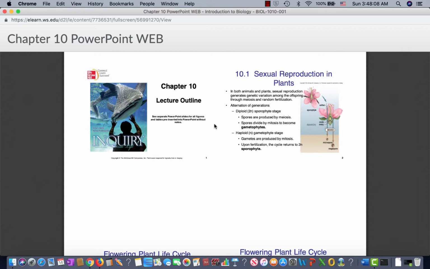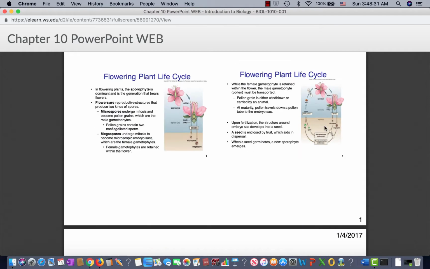The spores are produced by meiosis, and then they divide by mitosis to become gametophytes. And then in your haploid gametophyte stage, your gametes are produced by mitosis, and then upon fertilization, return to the 2N sporophyte. That whole mess is laid out pretty neatly in this figure on the right-hand slide.